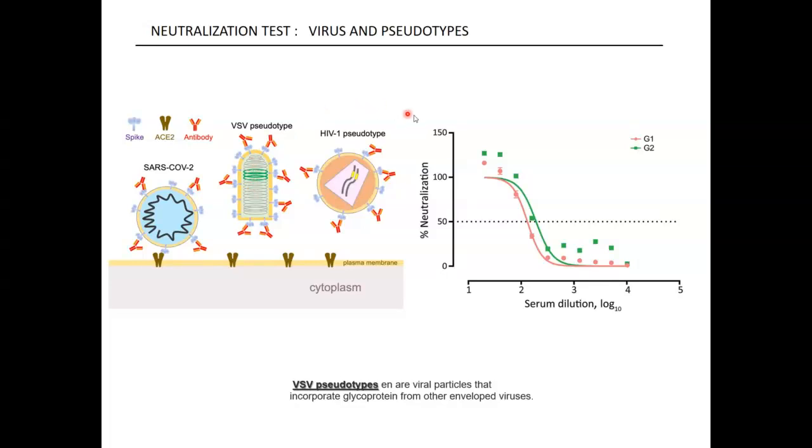This idea gets you to be able to measure the neutralizing antibodies. You can see here the comparison with the real SARS-CoV-2 neutralization test, and you can see that it really mirrors the normal situation.